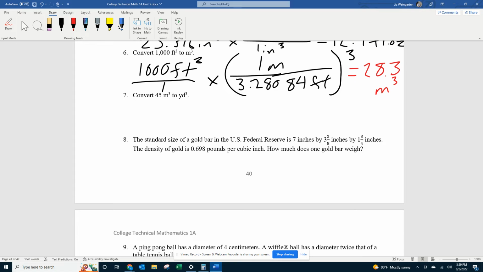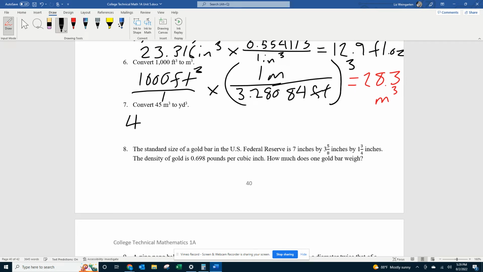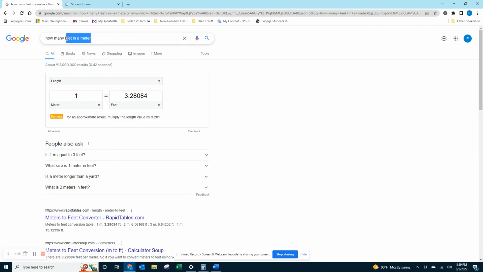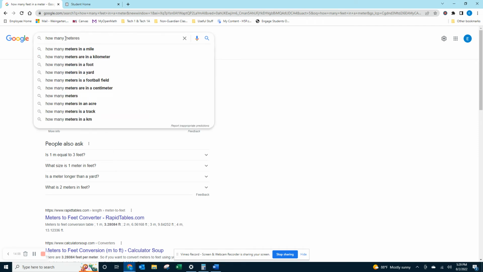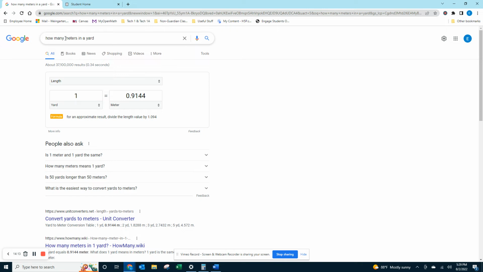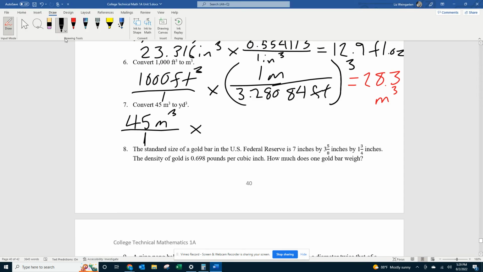So we have 45 divided by 1 times, let's see how many meters are in a yard. 0.9144 in 1 yard.